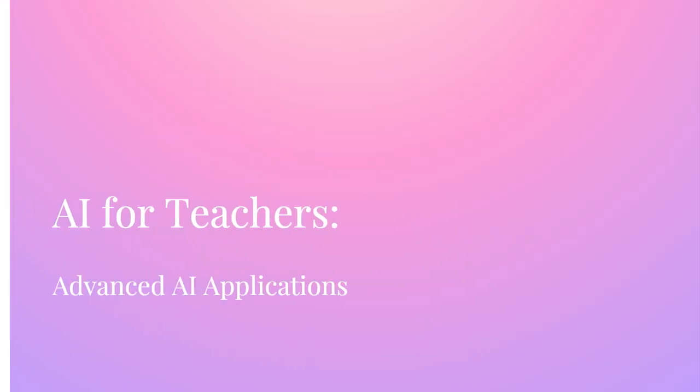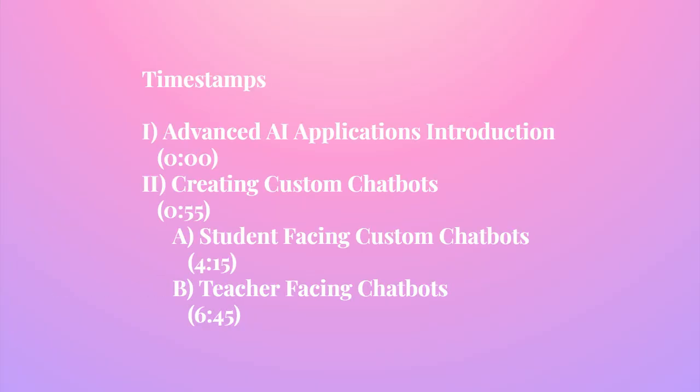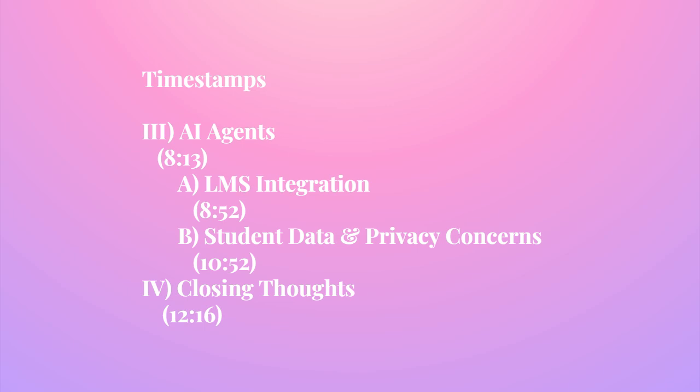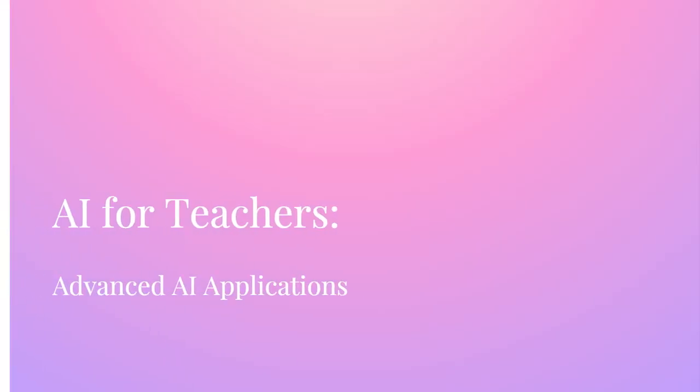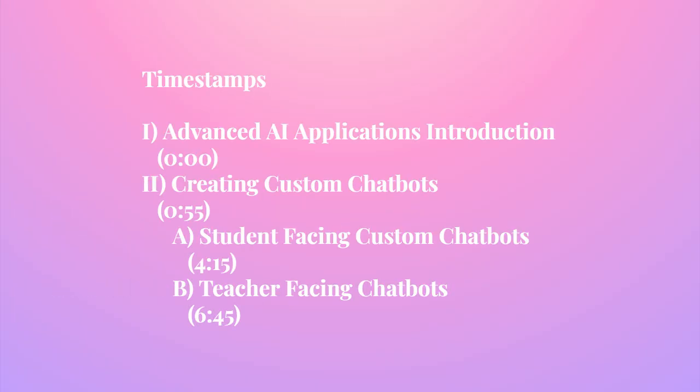Essentially, you're using a lot of the prompt engineering frameworks that we talked about in the previous video, and you are telling it what the context for its response is, and what voice and tone it should use in providing that feedback. Once you create this custom chatbot and instruct it on how to give feedback, students can go into whatever AI platform you made the custom chatbot on, and use it.